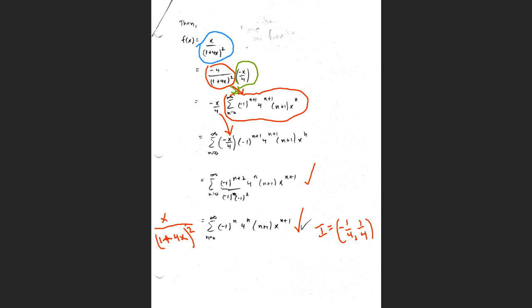So the function doesn't equal the power series for all values of x, but it'll equal the power series for the values of x that fall between -1/4 and 1/4. Okay, so this is an example where we had to differentiate a power series to help us get the answer.